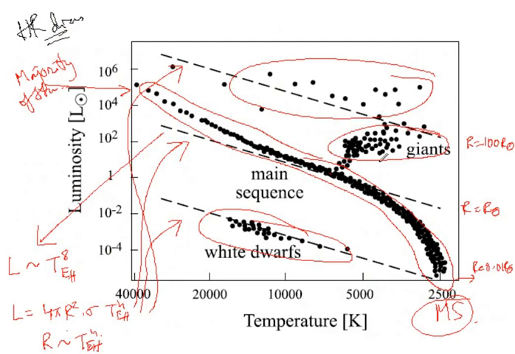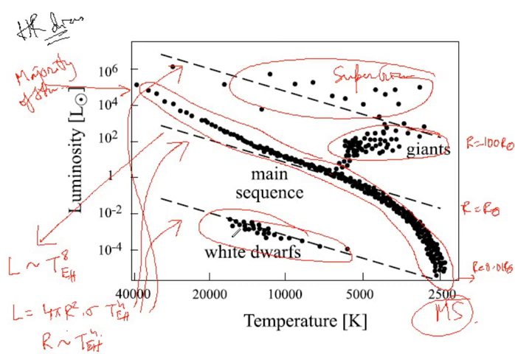So the giant stars are located at the top right and they have low temperatures but high luminosity. Now when we move further in the HR diagram, we find that these are giants and these ones are supergiants. These high luminosity and low temperature stars are extremely large in size, even 100 to 1000 times that of the sun.